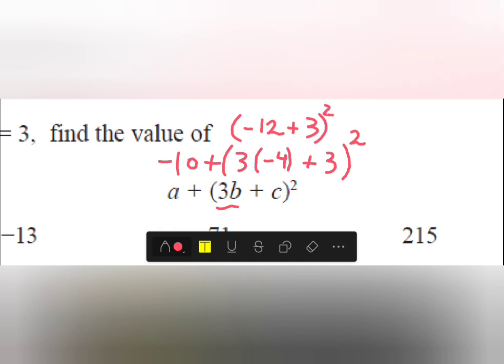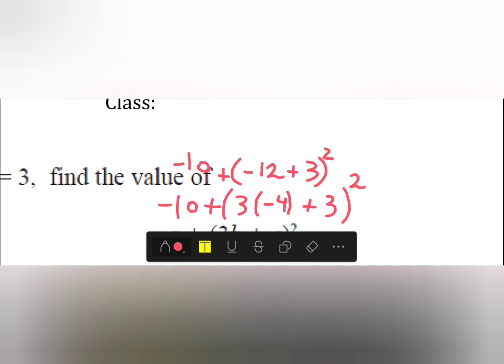And then we have this negative 10 next to it. So it's going to be negative 10 here, so we don't forget it. And then add it to the bracket, not multiplied by it. Negative 10, add it to what's inside the bracket after squaring it.